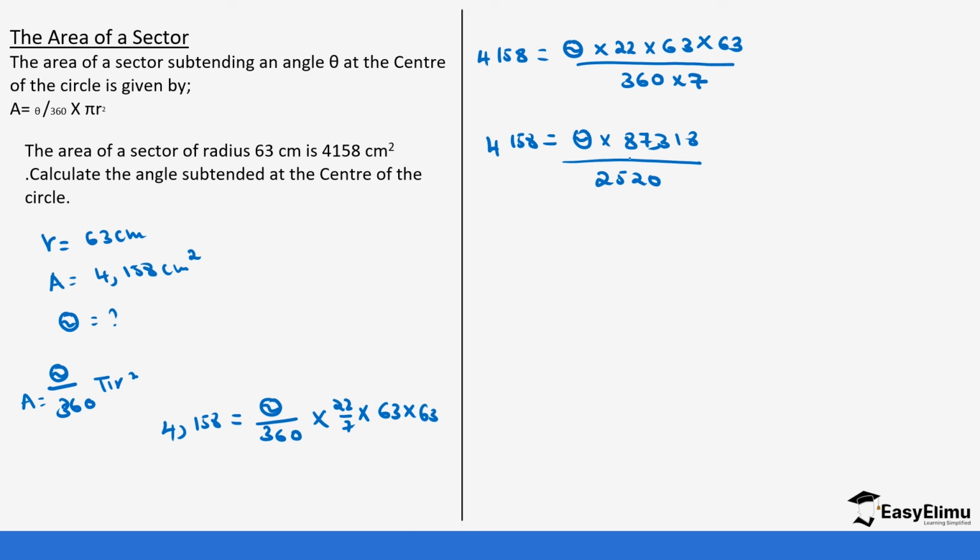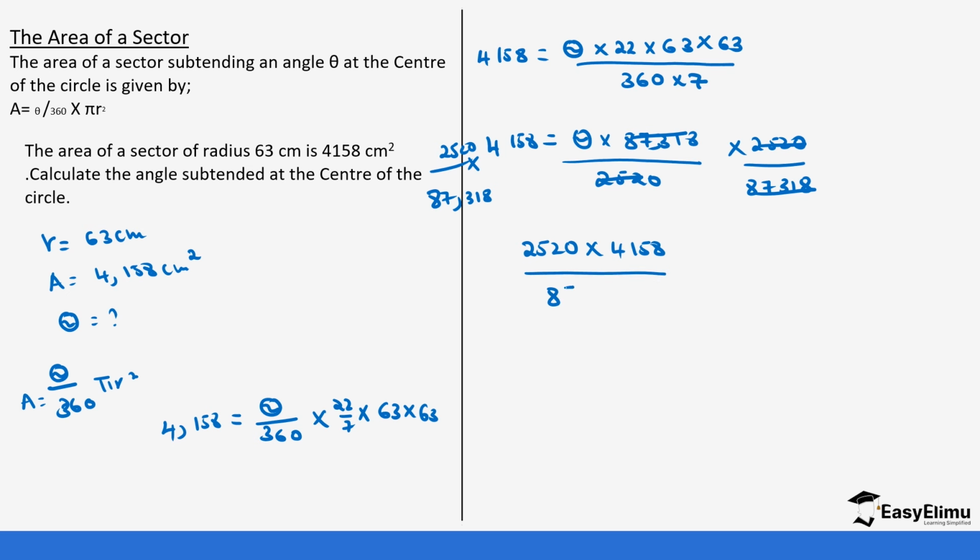We want to be left with the angle on one side, so we multiply by the reciprocal, 2,520 over 87,318, on both sides. This cancels with this, and this also cancels with this. So we have 2,520 times 4,158, all divided by 87,318. This is going to be equal to the angle.